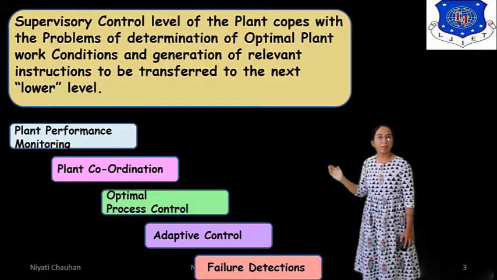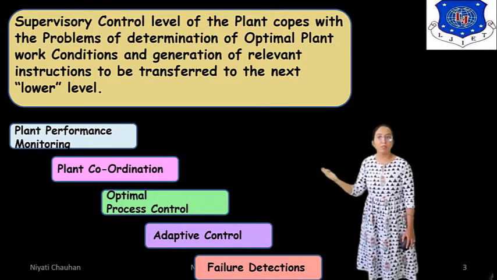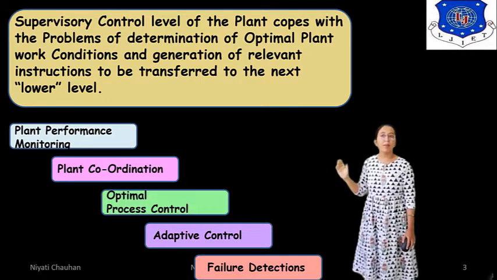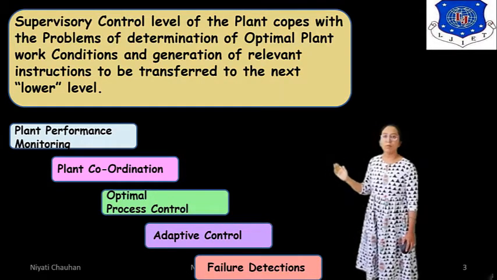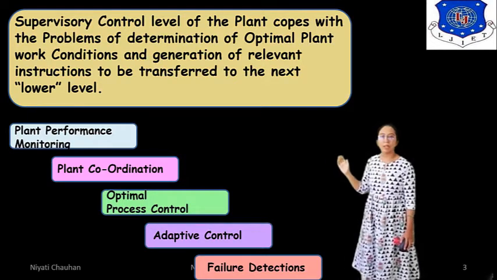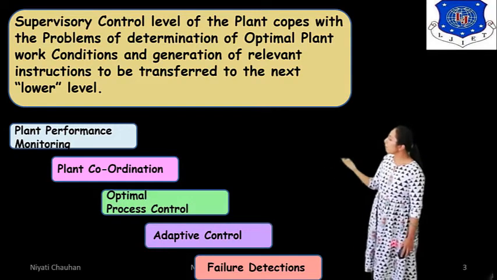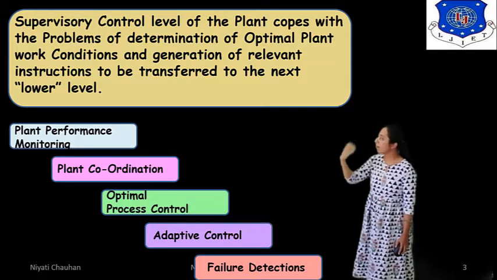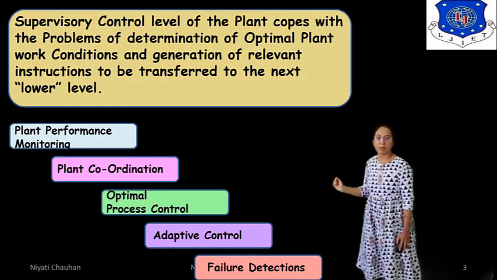The supervisory control level of the plant copes with the problems of determining the optimal plant work condition and generating relevant instructions to be transferred to the next lower level. So through the supervisory level, we can send information to the higher level and also to the lower level.